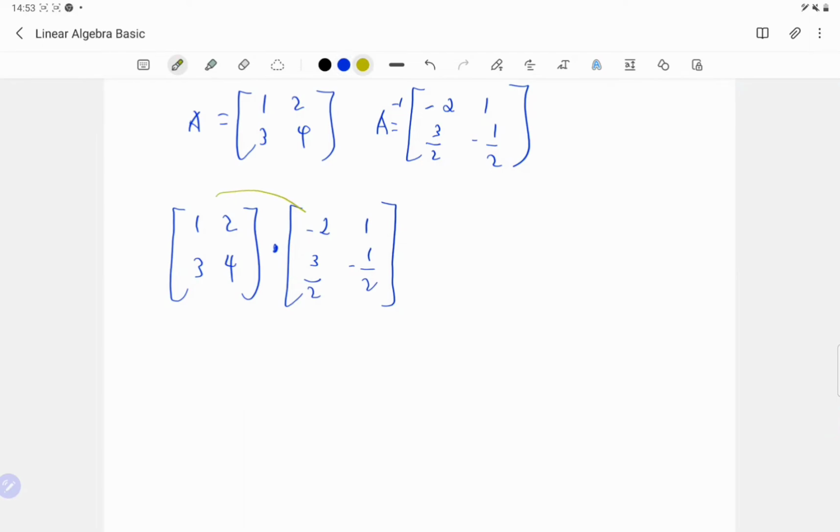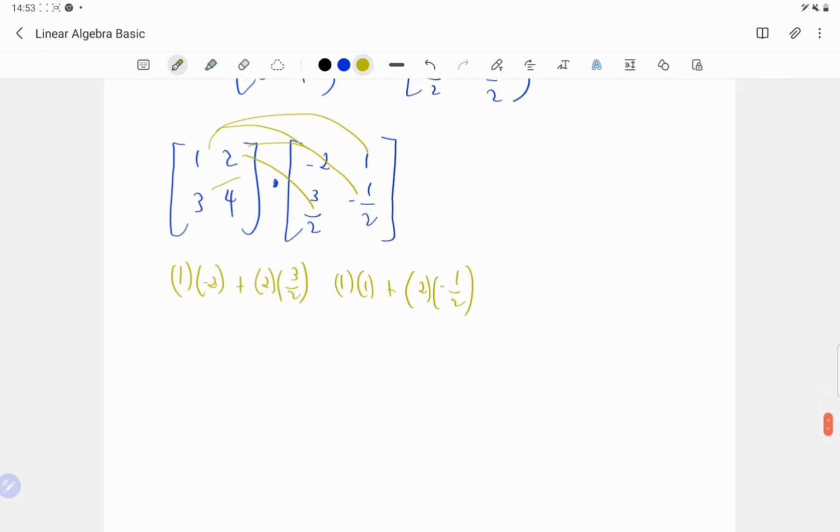Okay, let's do this here and here. 1 times -2 plus 2 times 3/2. This one and this one: 1 times 1 plus 2 times -1/2. 3 times -2 plus 4 times 3/2. Last one: 3 times 1 plus 4 times -1/2.